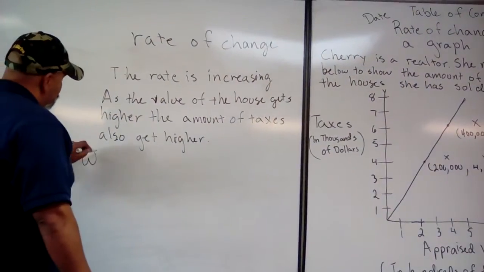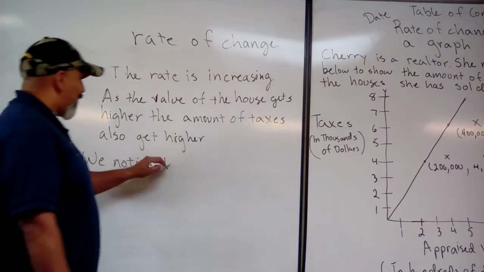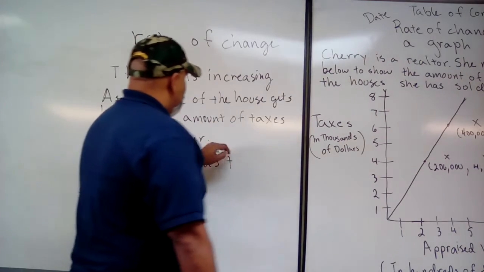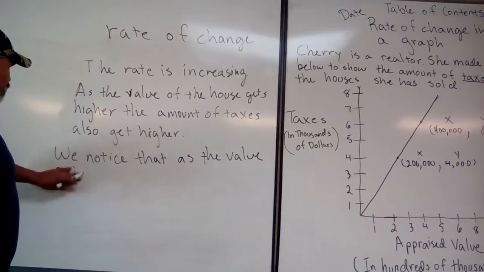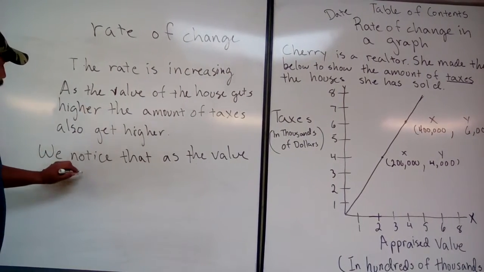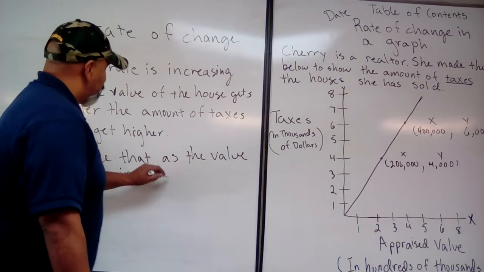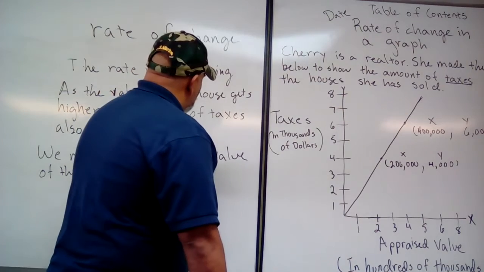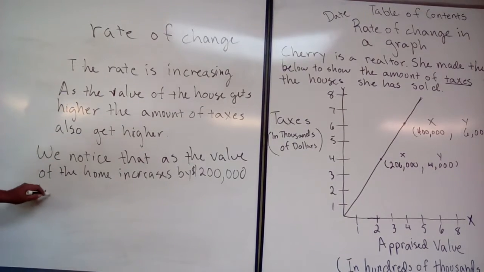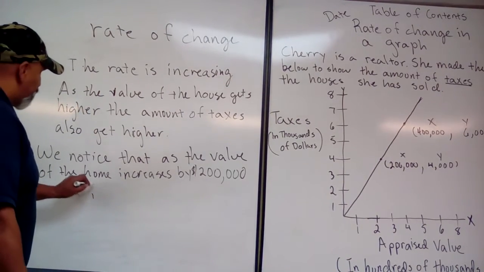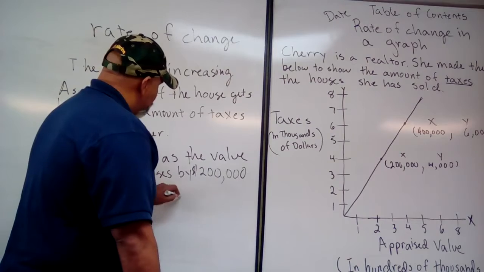We notice that as the value of the home increases by $200,000, the tax increases by $2,000.